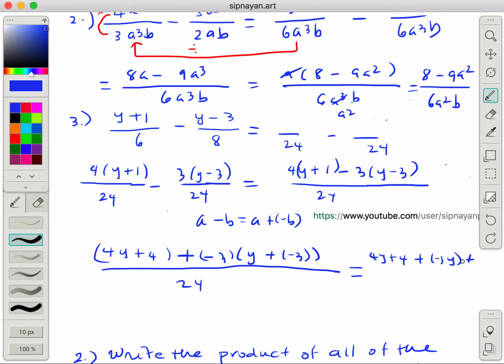That's 9 over 24. And then 4y plus negative 3y is the same as 4y minus 3y. So what remains there is y. And then 4 plus 9 is 13. y plus 13 over 24. Okay. So this is our final answer.